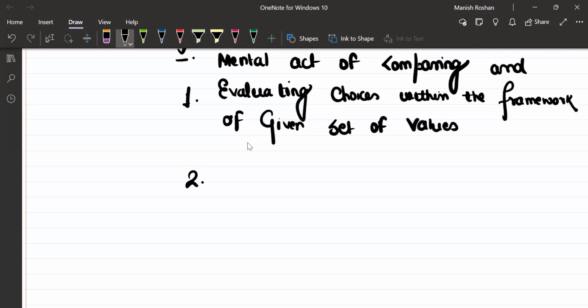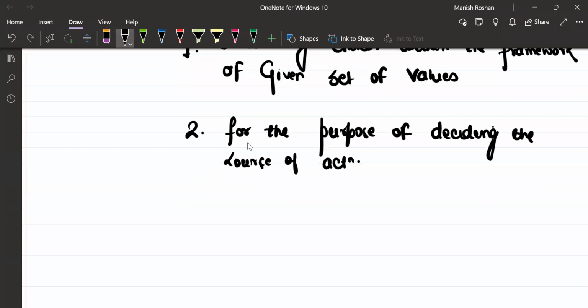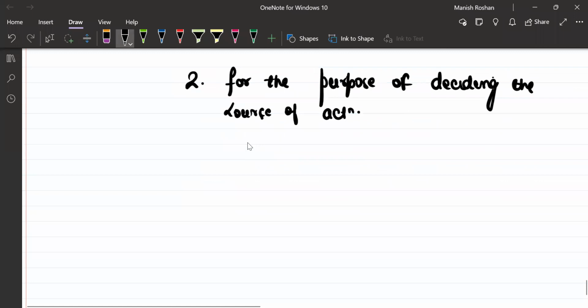And in continuation to that, the second part says, for the purpose of deciding the course of action. So if the course of action is being chosen according to reality or according to the adult or mature standard.